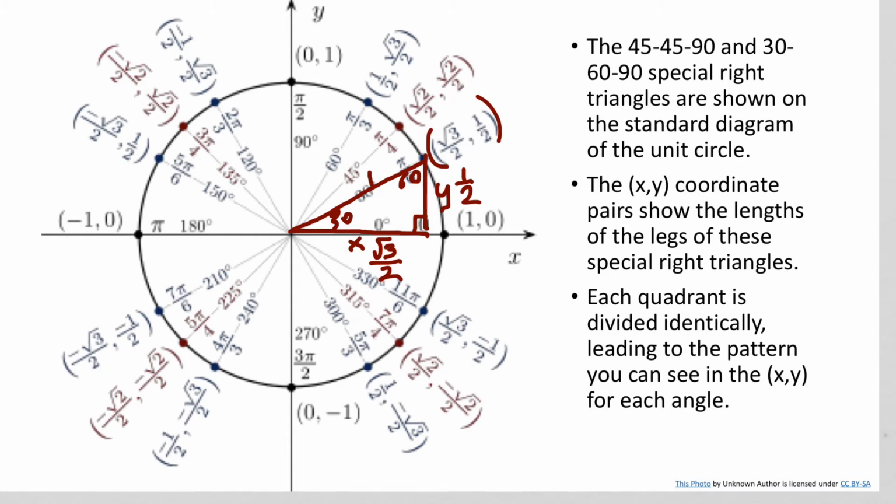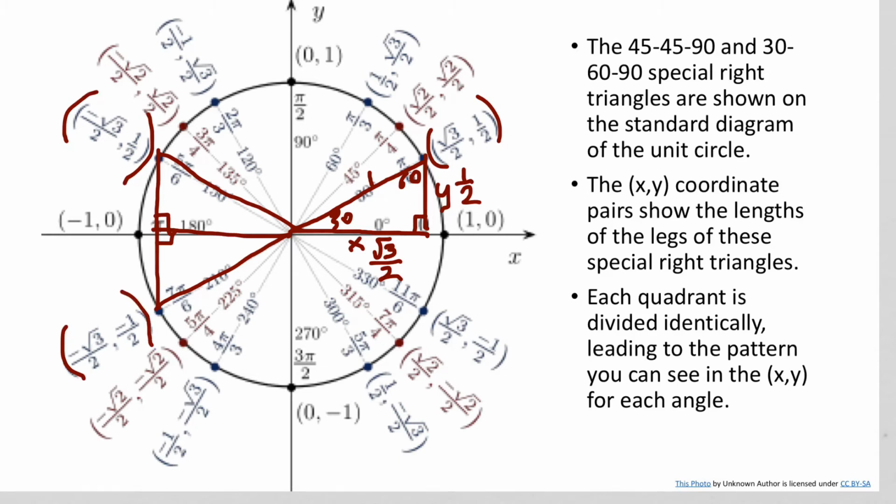And you can see this triangle reflected across the y-axis right here. Now your x-coordinate becomes negative, and your y-coordinate is still positive. And then you can reflect that triangle across the x-axis, and you'll have its equivalent with different signs in the third quadrant, where the x-coordinate is negative and the y-coordinate is negative.